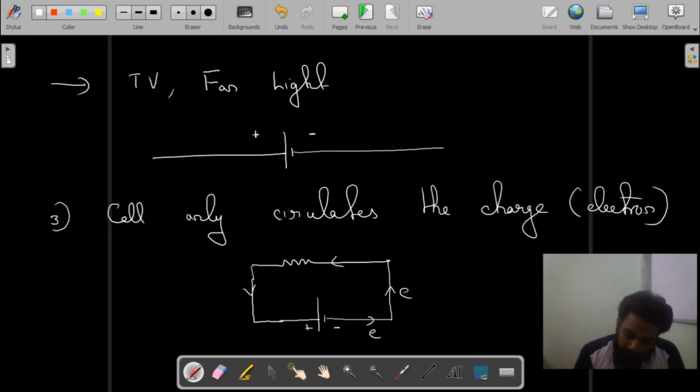So what happens to current? Current will be moving in the opposite direction. So this cell makes the electrons circulate through the circuit. This is the work of a cell. It will give energy to the electrons.